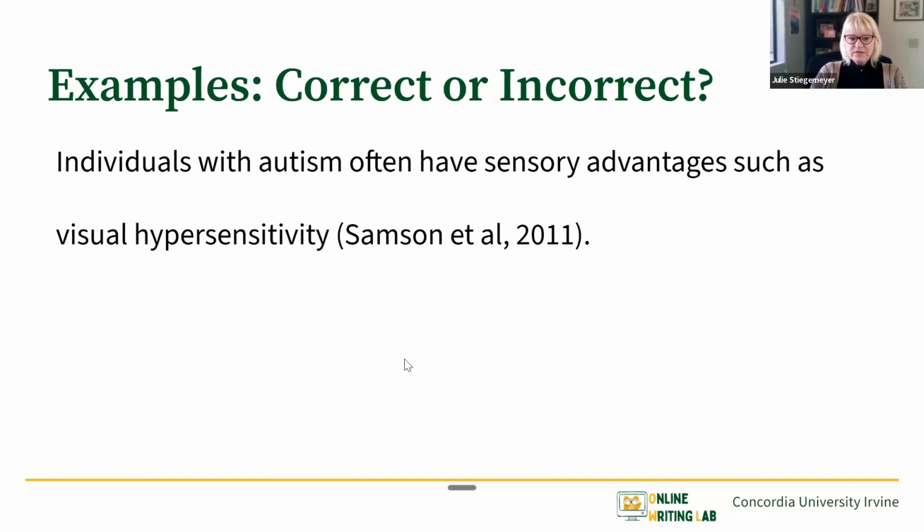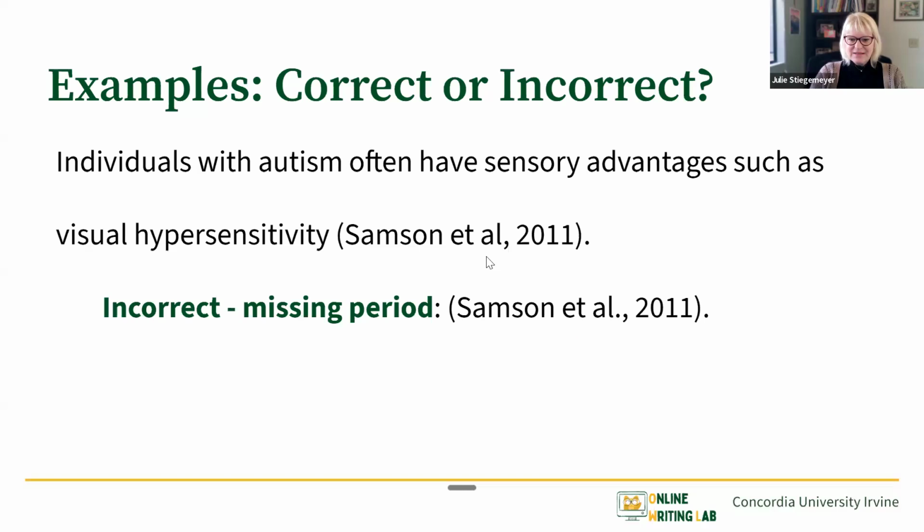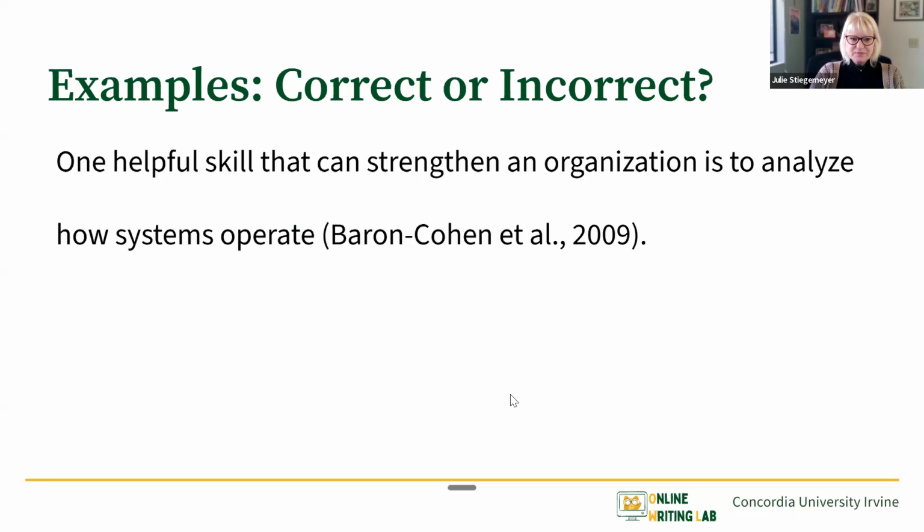Here's another one. Individuals with autism often have sensory advantages such as visual hypersensitivity. Is this citation correct? Well, if you look real close, you see, actually, we're missing the period after the al. So that's important to include. Here's another. One helpful skill that can strengthen an organization is to analyze how systems operate.